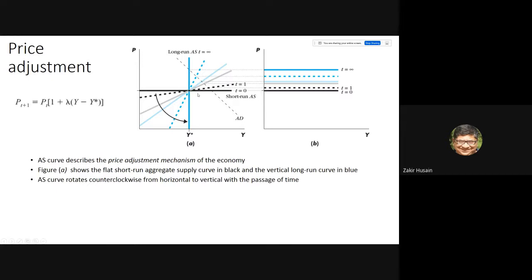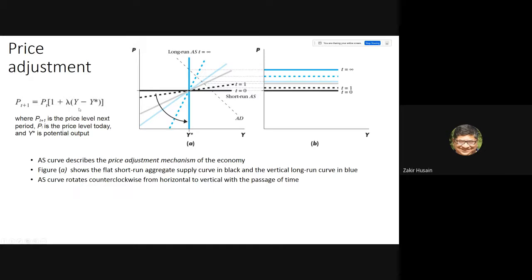So we can think of the price adjustment using this equation. What P(t+1) and P(t) mean should be clear to you. This is the current price and the price in the future. This lambda is a positive adjustment parameter, y is the actual output, and y star is the potential or full employment output.